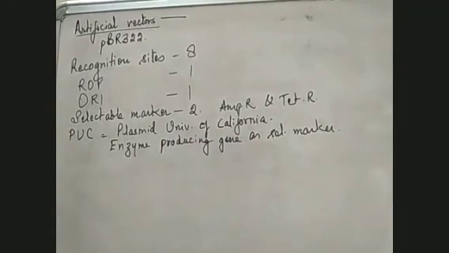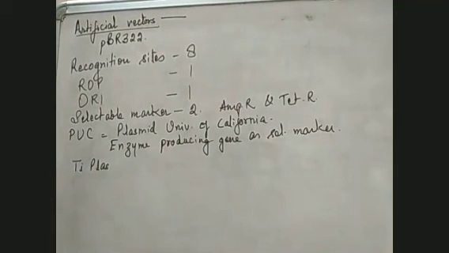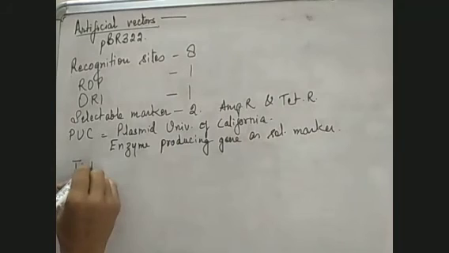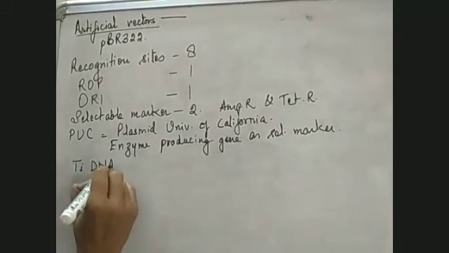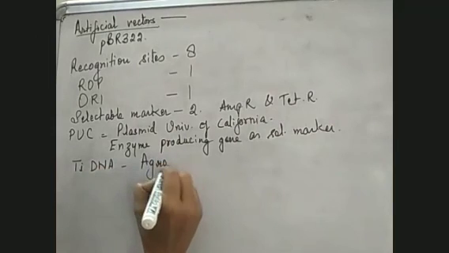Then I told you about TI plasmid. TI plasmid, this is the DNA, or TI plasmid we call it, or TI DNA also we can call it. This is present in Agrobacterium tumefaciens.